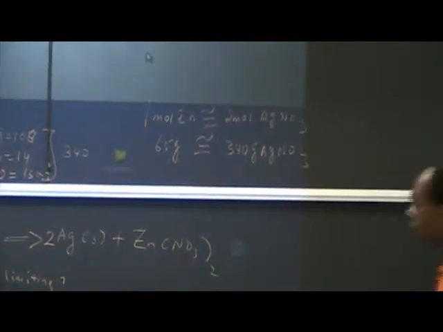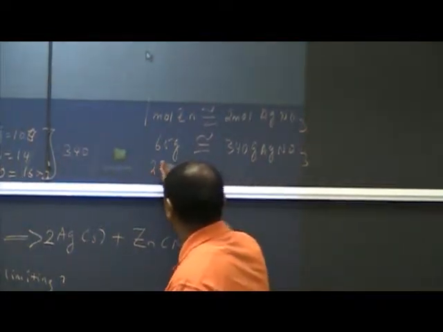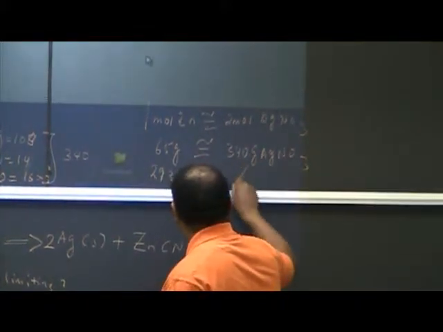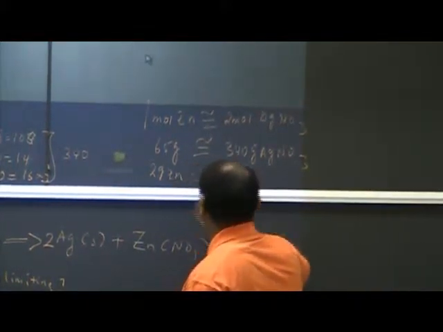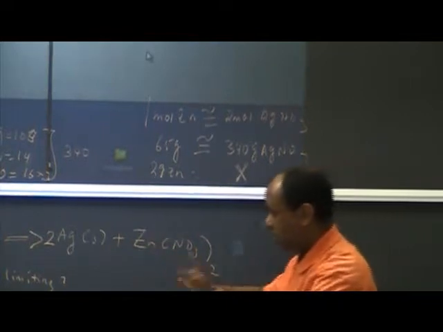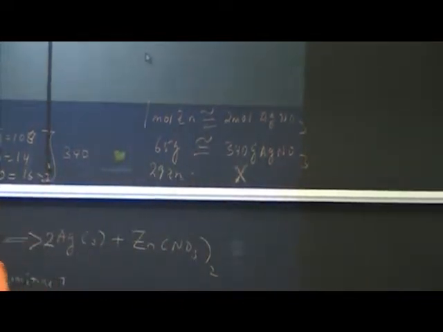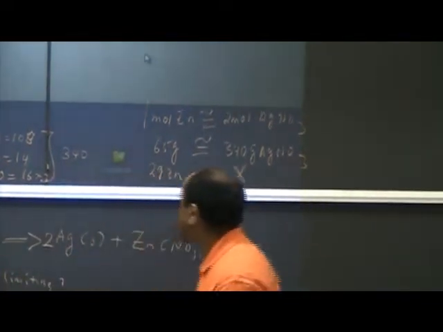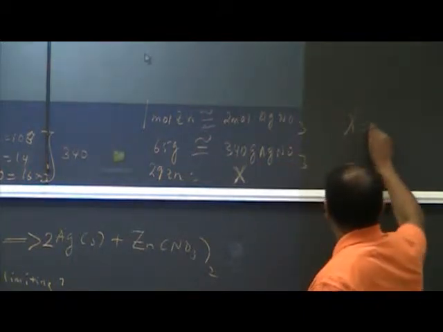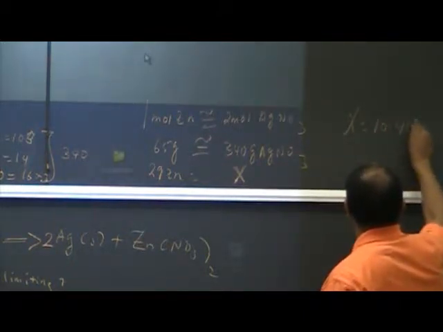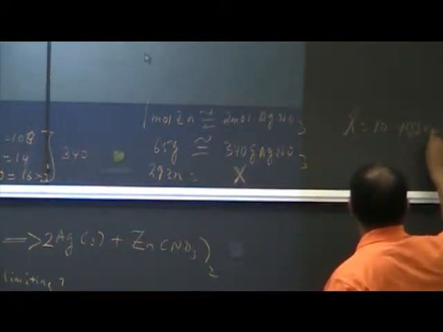Then if I have 2 grams of zinc, how many grams of silver nitrate do I need? I do crisscross, and then X gives me 10.46 grams of silver nitrate. Now, I have to start to think.